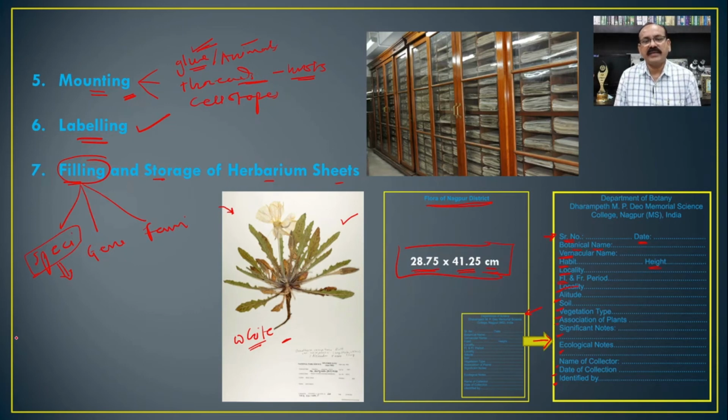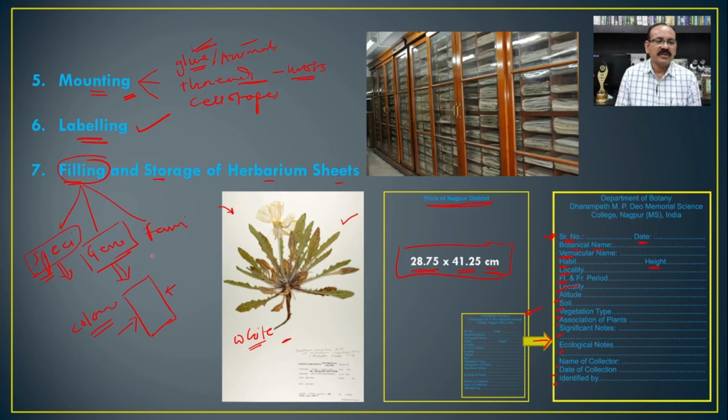Means we have to keep all the herbarium sheets of a single species in one pocket, and the different species of the genus should be kept in another pocket. Different colors should be used, so that it will be easy to identify the different genera on the basis of the color of the pocket.